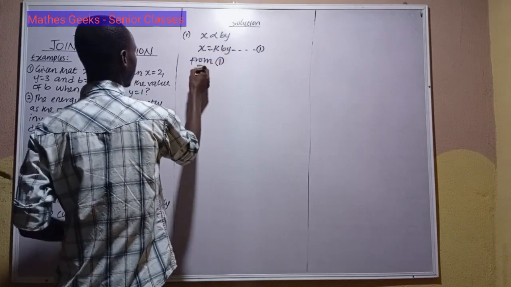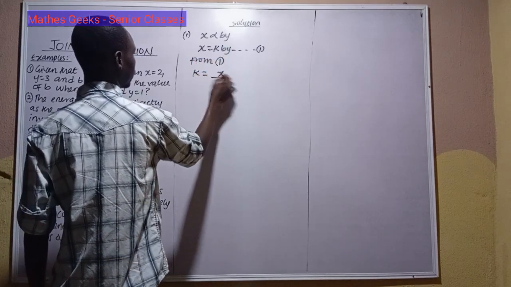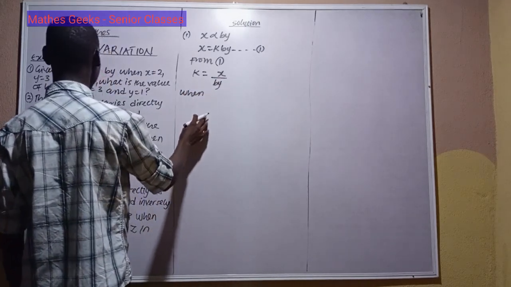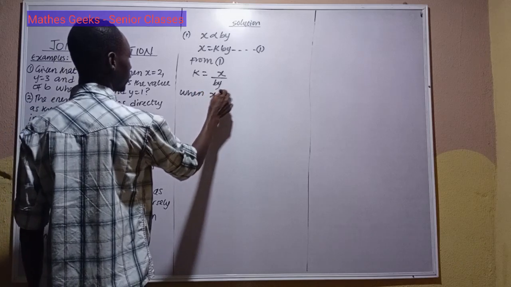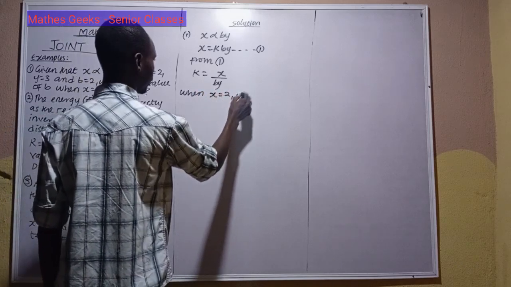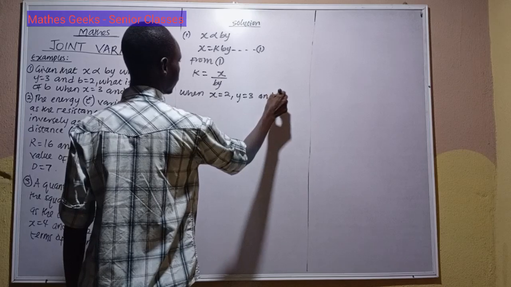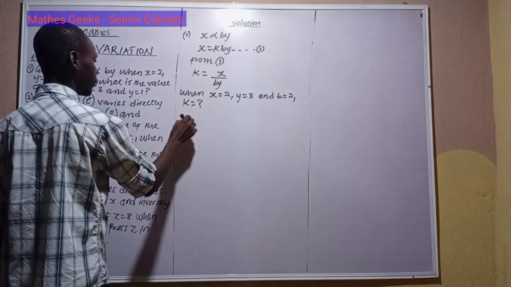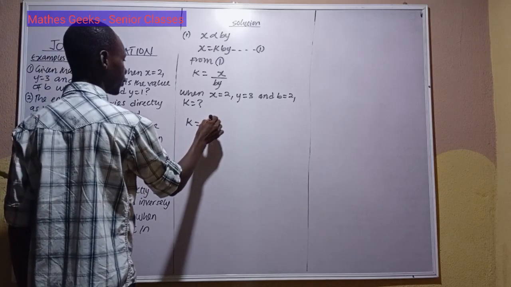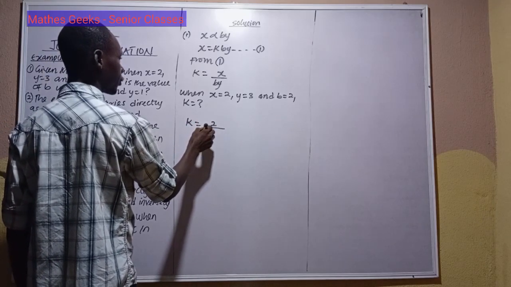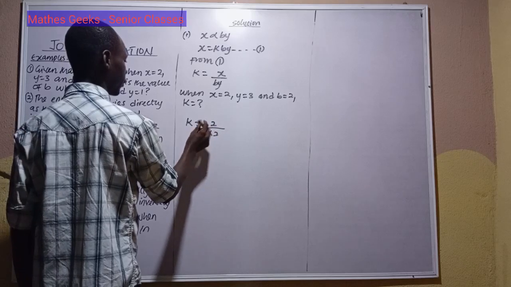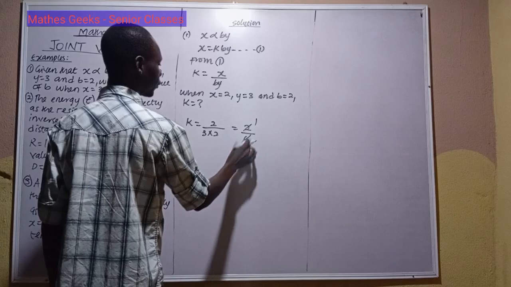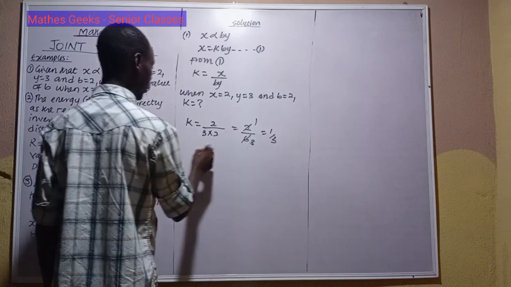From 1, Q is equal to x over b y. When x is 2, y is 3, and b is 2, Q is equal to 2 over 3 times 2, 2 over 6, 1 over 3.